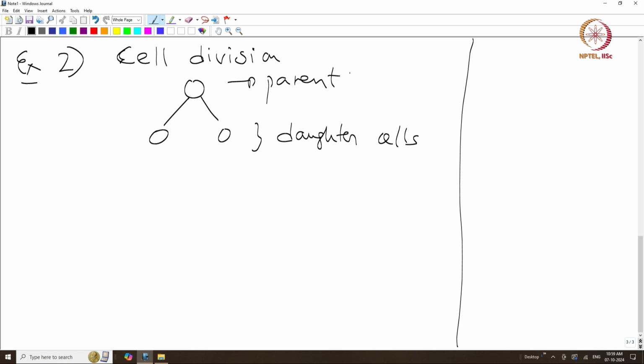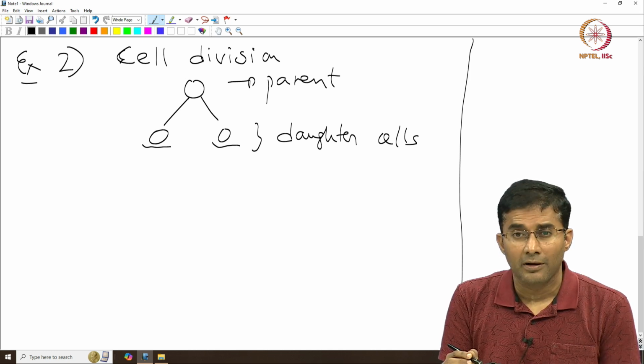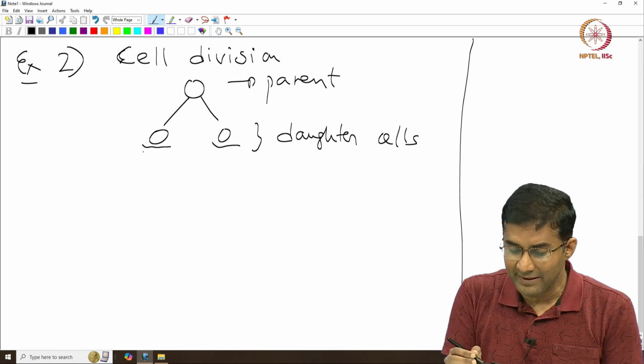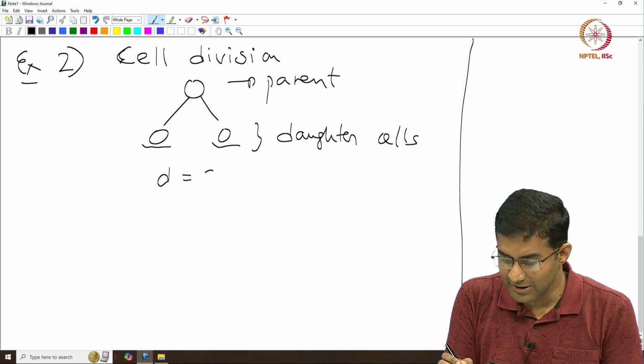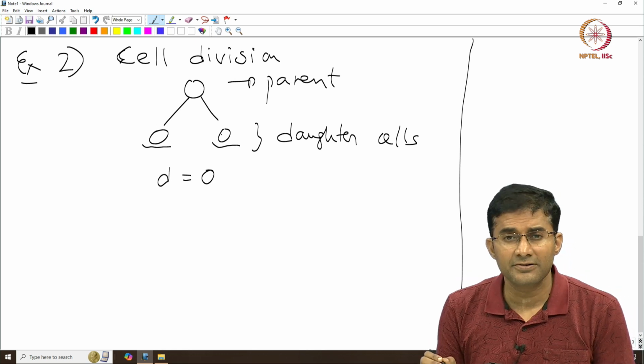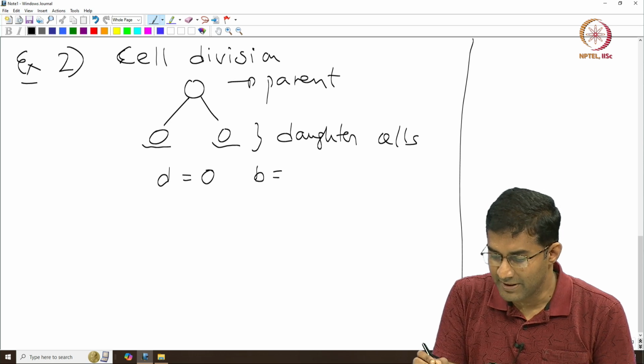So, in this case one way to think about how we now use our previous formula is to think of this as the parent himself or herself, whereas this is the offspring, right. But biologically, once the 2 daughter cells are there, there is no distinction between these two, but keep that in mind. So, what that basically means is that the parent does not die, therefore, d is equal to 0, and the parent has given rise to 1 daughter cell, therefore, b is equal to 1.